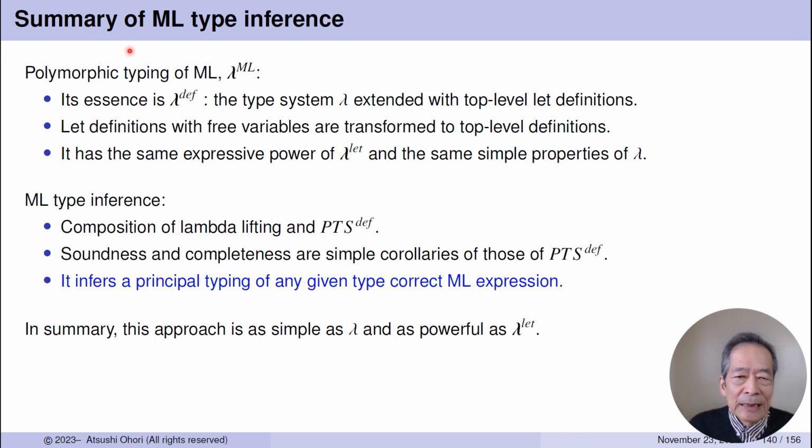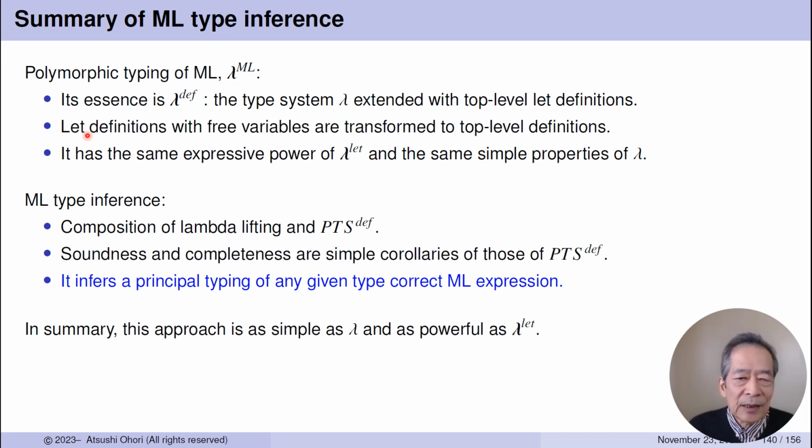Here is a summary of what we have achieved so far. The polymorphic typing of ML, the essence of this type system, is this lambda-def. This is just the type system of simply typed lambda calculus extended with top-level let definitions, and as we have studied, there is no complication. This is just the same as the introduction of polymorphic primitives, like map and reduce and so on.